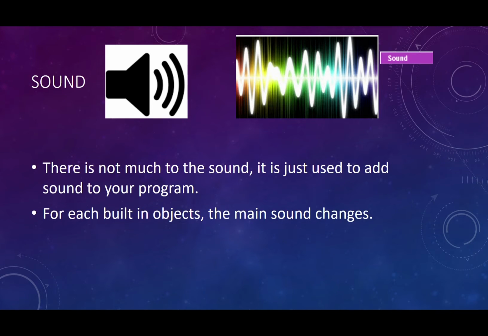If you want your program to make sound, maybe you have background music. That's cool. Maybe a character in your video game that you're coding is talking. You would use blocks underneath the sound category to add music and sounds.